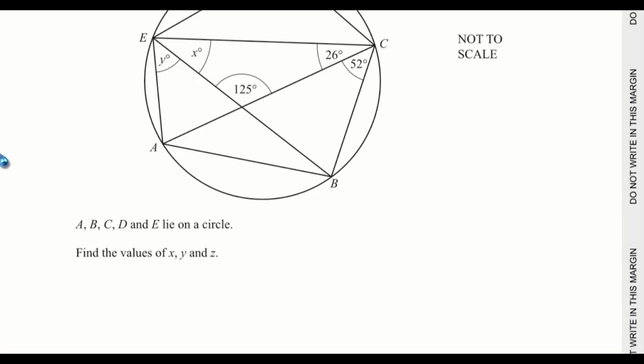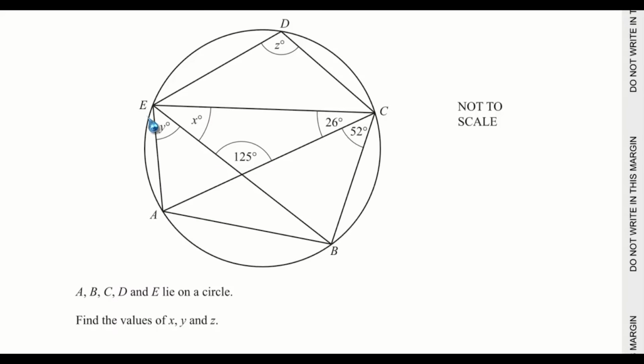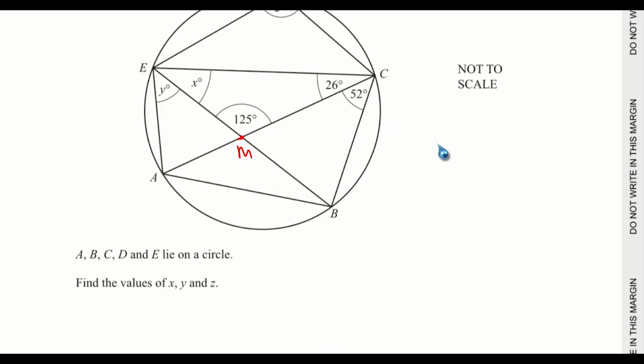Starting with angle X. This is angle X and it's inside this triangle EC and this, which you can name anything, probably let's say M. We have the sum of angles in a triangle adding up to 180 degrees. So we can easily get the value of X straight away. Let me just write here.